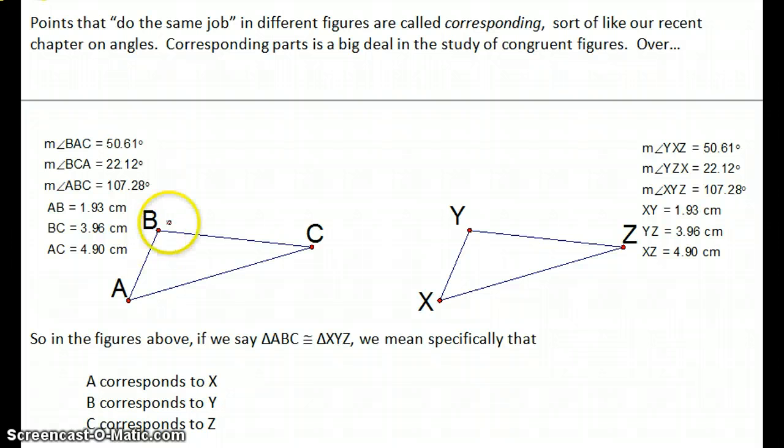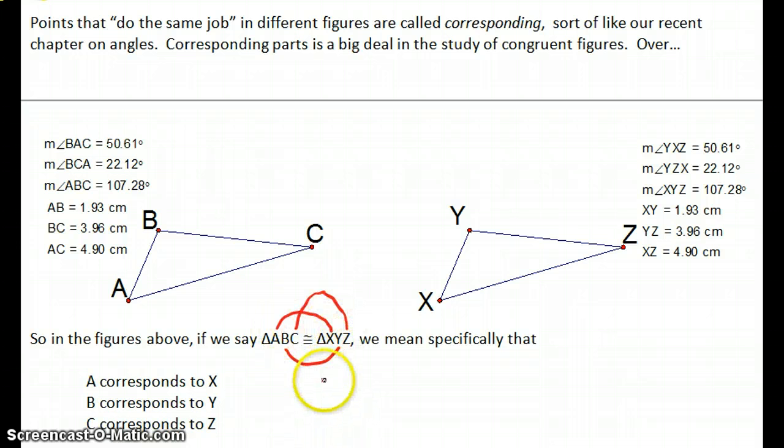This is a little more involved. Okay, if I know this whole triangle is congruent to this whole triangle, notice it says triangle ABC is congruent to, we're familiar with this symbol now, triangle XYZ. If I say it that way, A and X go together, B and Y go together, C and Z go together.